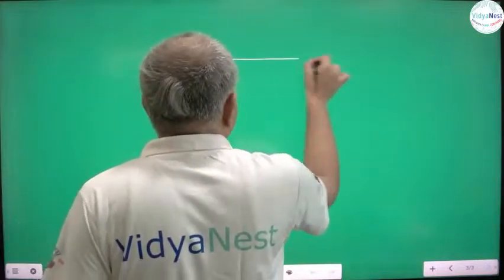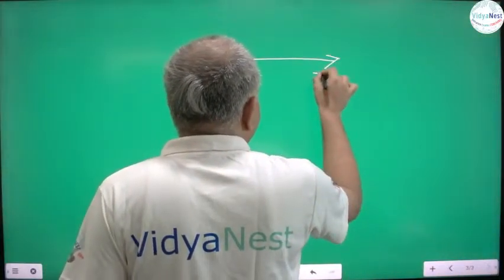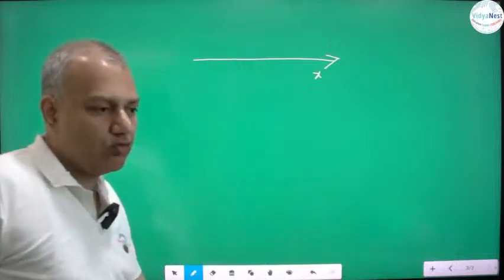Now, we are going to come to the next question. A particle moving along the x-axis, one-dimensional motion.